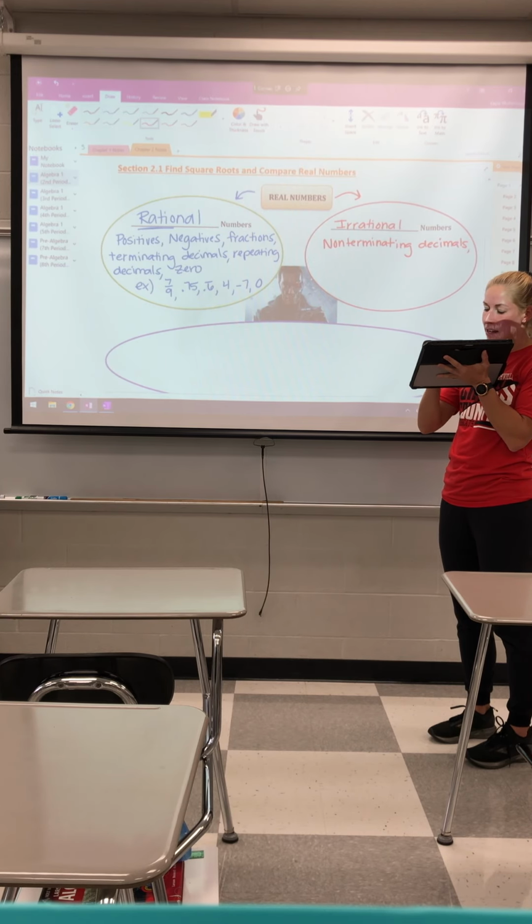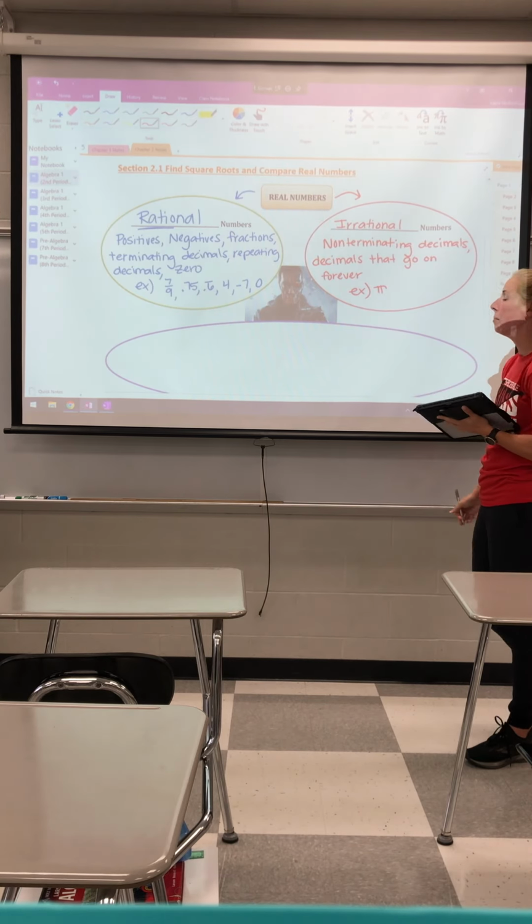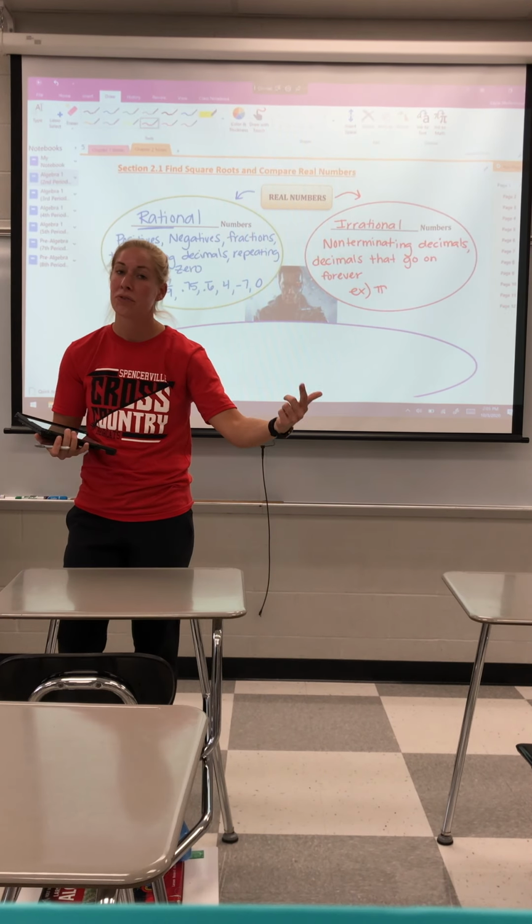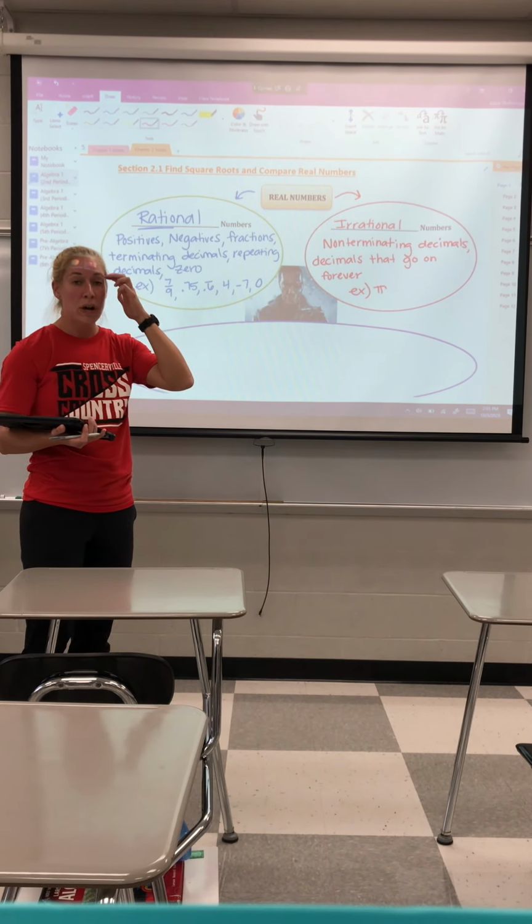I'm going to add that there, decimals that go on forever. And your example, again, would be pi. Also, numbers like the square root of 2, the square root of 5, the square root of 10, square roots.